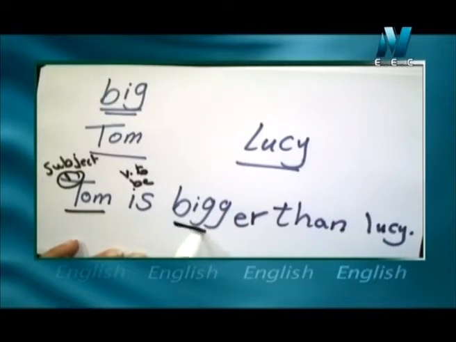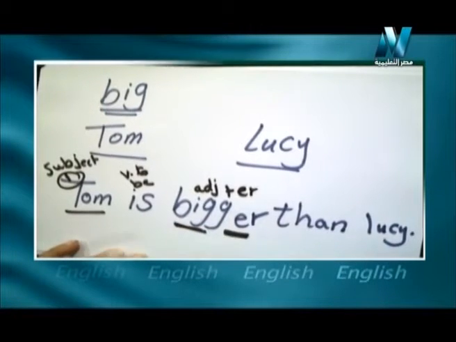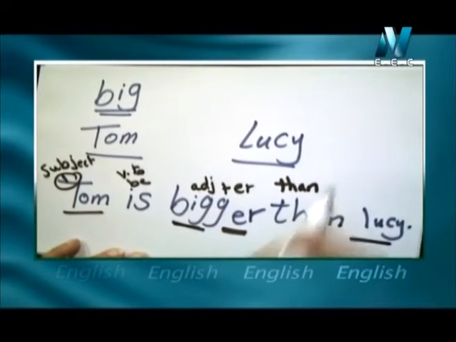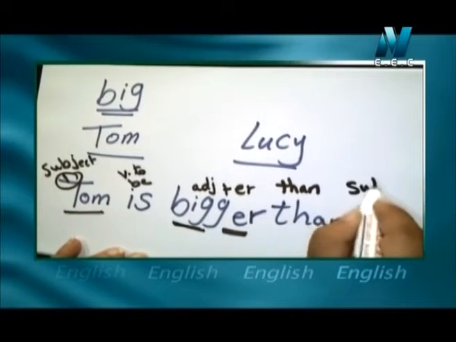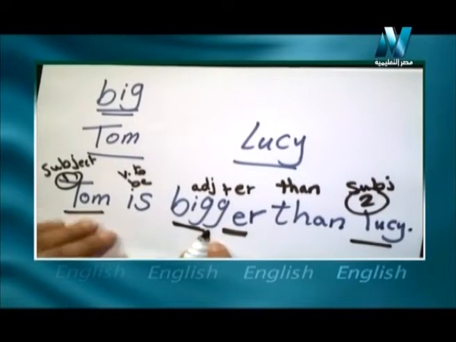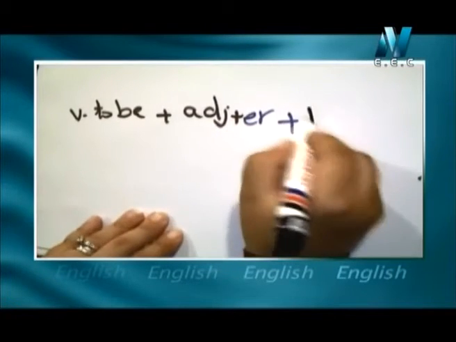bigger, big is the adjective, plus ER, then, and Lucy is the subject number two. So, when I'm making a comparative form, I will say verb to be, adjective plus ER, the word than.